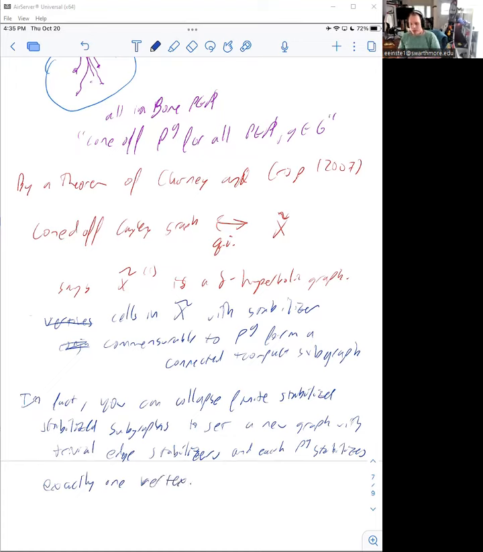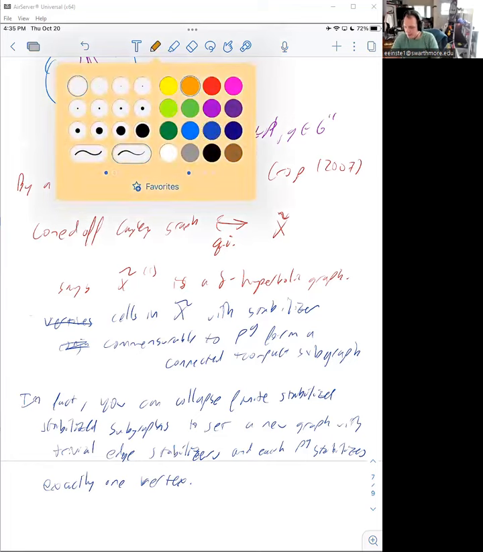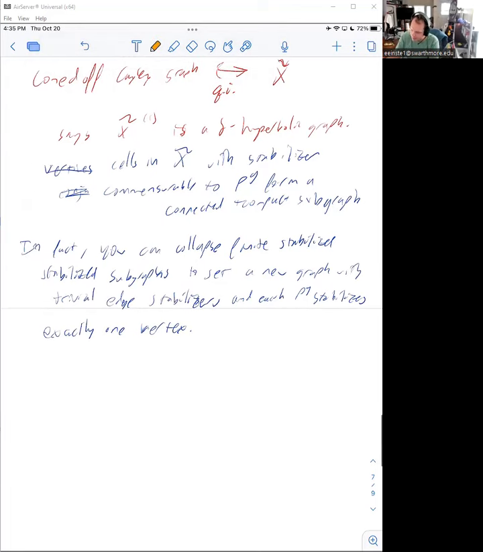Okay, so I promised you that I was going to construct the Bowditch boundary. As a set, let's call this graph gamma. The Bowditch boundary as a set is going to be the boundary of this graph.